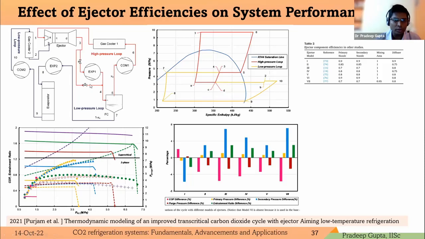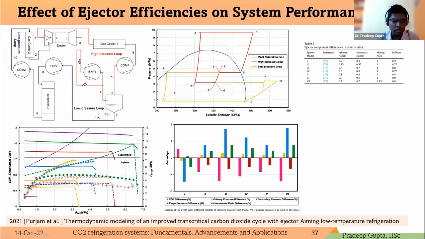As I mentioned, the component efficiency also affects the ejector performance as well as the system performance. This slide shows the system performance based on different ejector efficiencies. Here they have taken ejector 6, having a primary nozzle efficiency of 0.9, secondary nozzle of 0.9, mixing area efficiency of 1, and diffuser of 0.8 as a reference.